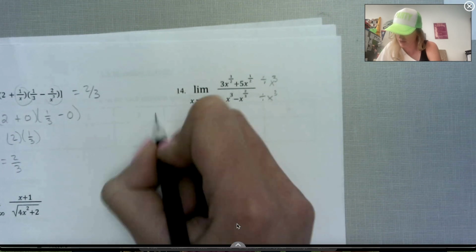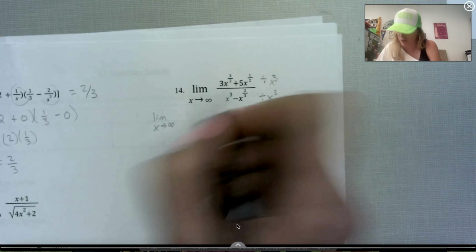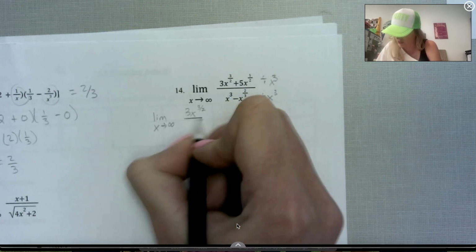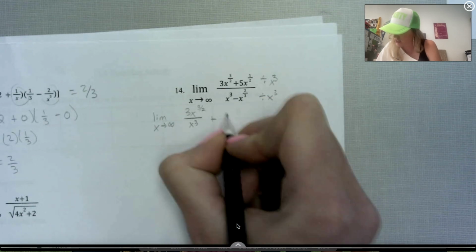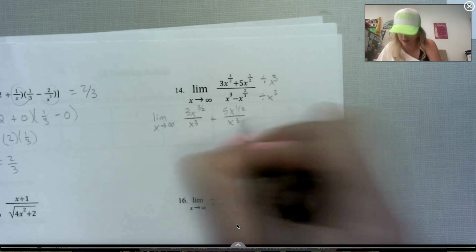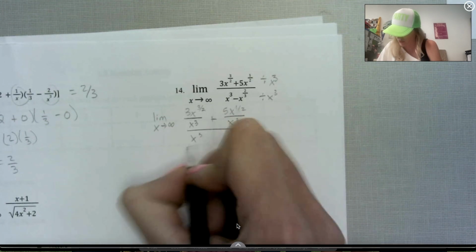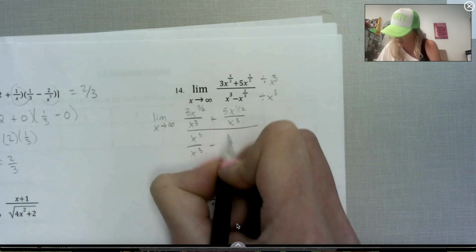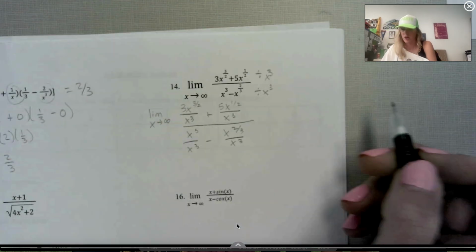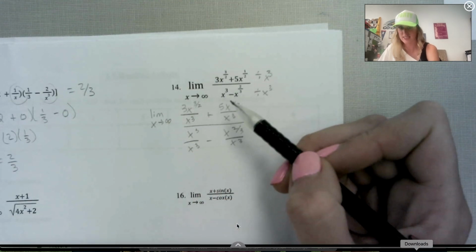So I'm going to keep my limit notation. I've got 3x to the 3/2 divided by x to the 3rd, plus 5x to the 1/2 divided by x to the 3rd, all over x to the 3rd over x to the 3rd, minus x to the 2/3 over x to the 3rd. Remember, when we divide powers, I can subtract the exponents.